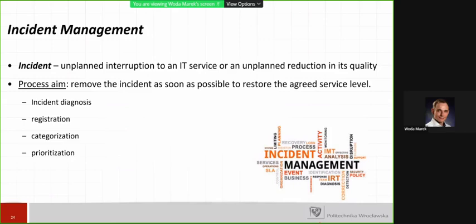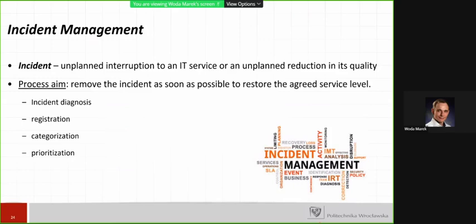What the agreed service level is, we will discuss on the occasion of service level management. Generally speaking, right now, a service level for you is just the prompt reaction from the service provider to provide you with undisturbed internet access, and that's the main deal.